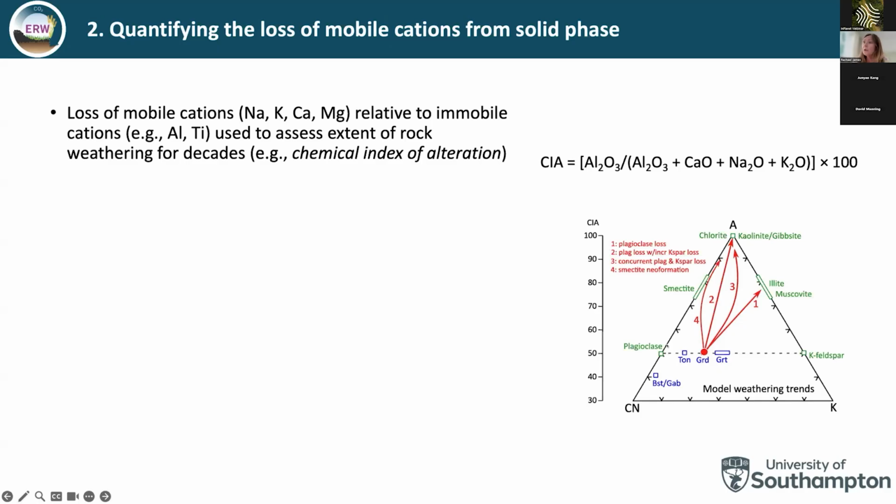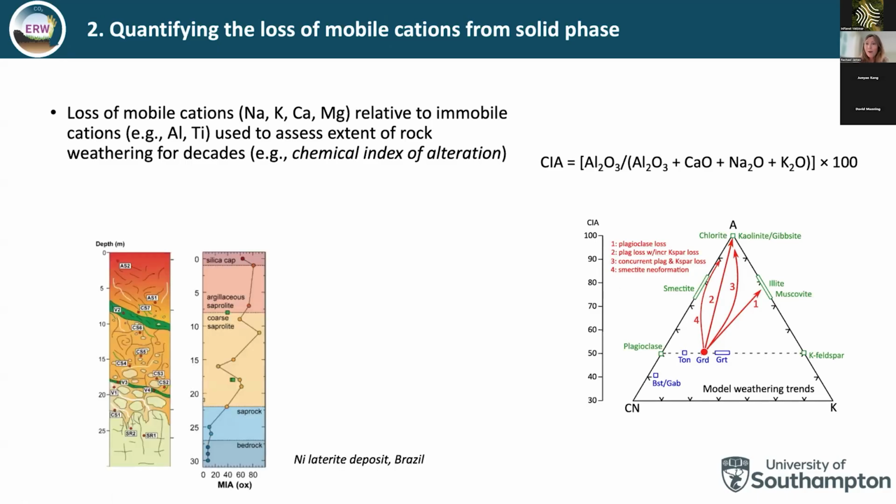And you can do these calculations, and where we have high values for chemical index of alteration, we've got a lot of weathering going on or high weathering intensity, and where it's low, we see very little. And you can see the red arrows here show different pathways for that weathering process.